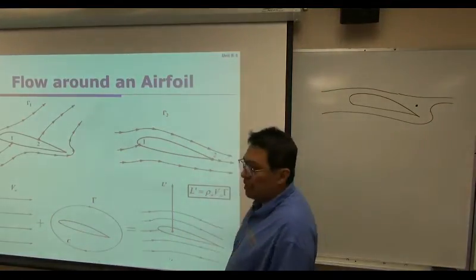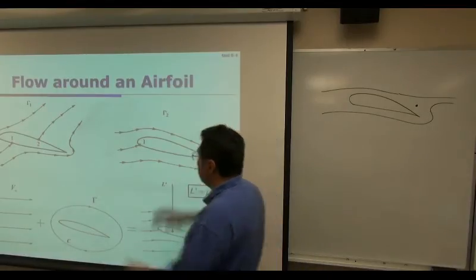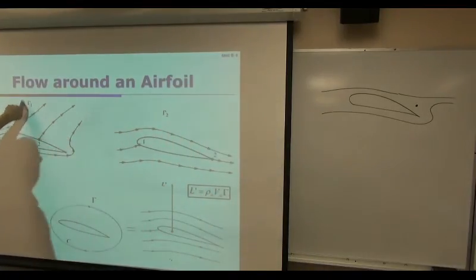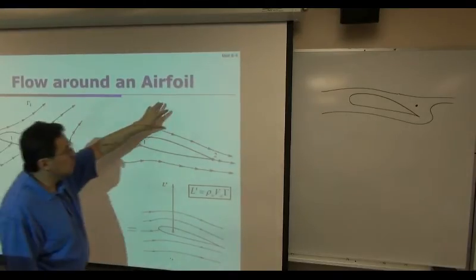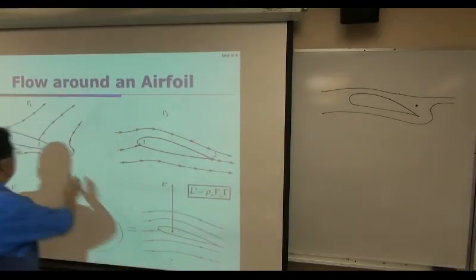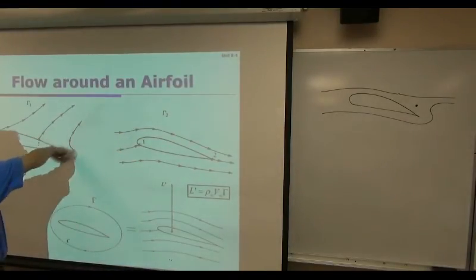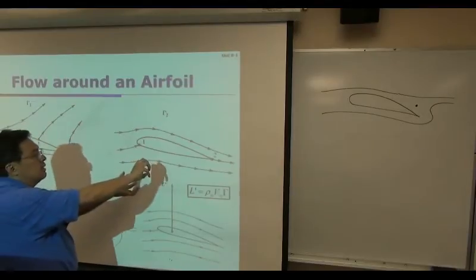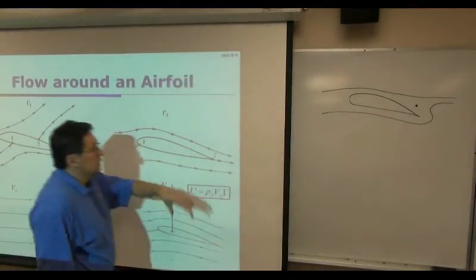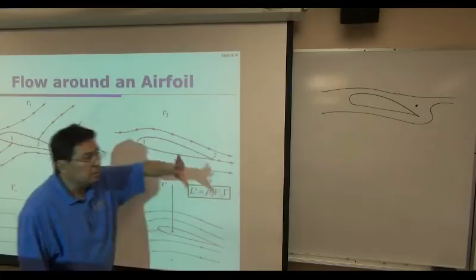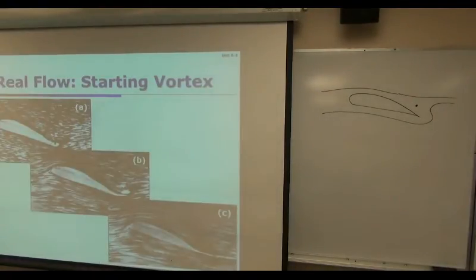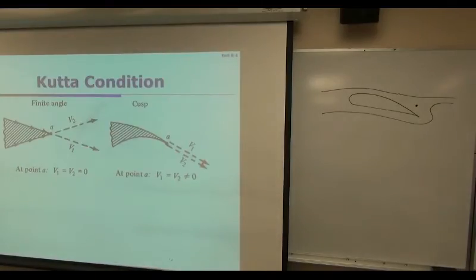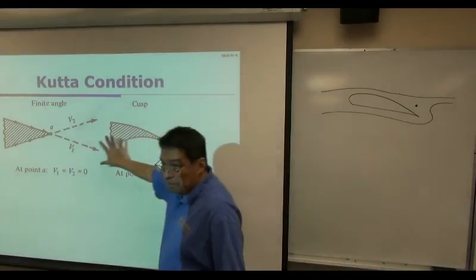So what nature does is adjust this one to a little bit lower value so that the excess amount of vorticity is shared, then establishes smooth flow at the trailing edge. That is called starting vortex shedding, and then we can enforce using the Kutta condition.